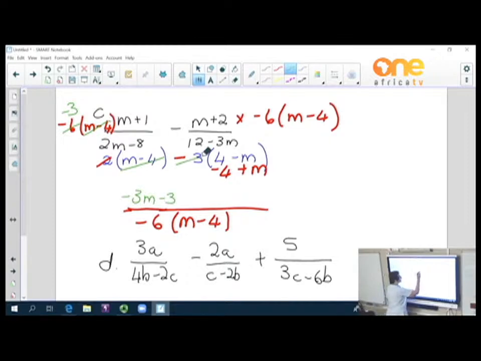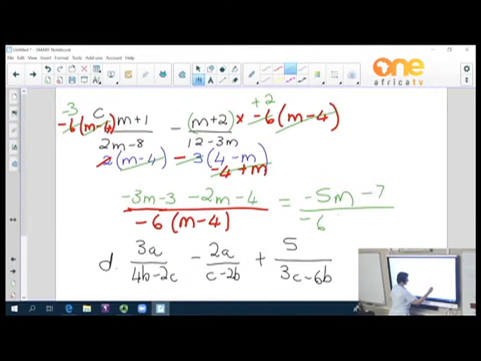Here, the negative 3 will divide into the negative 6 positive 2 times. This will cancel out. It's commutative, it's the same. And I have to multiply this with this whole one here, which is then minus 2m minus 4 there. Add your like terms. So it is negative 5m minus 7 over negative 6, m minus 4. And there is my answer for that one.